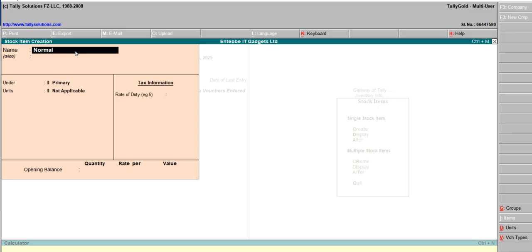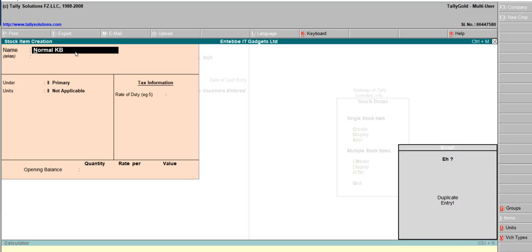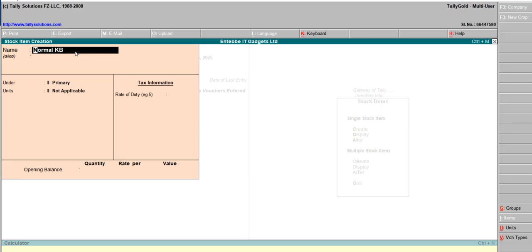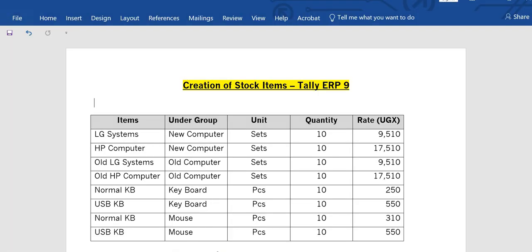Of course, we cannot enter this for the second time because we already have it under the mouse, though in different stock groups.